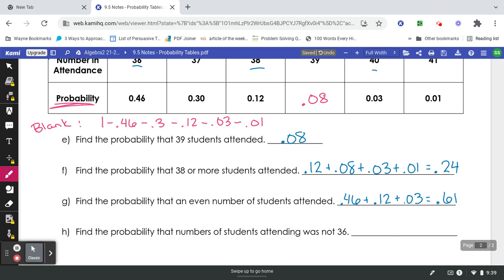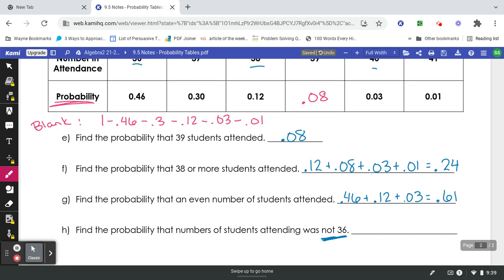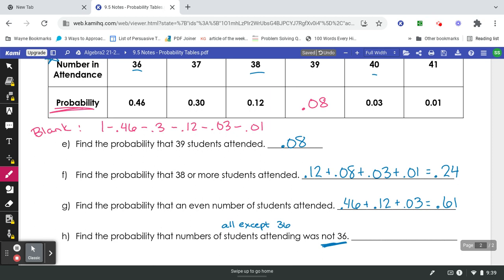All right, and then part H, find the probability that the number of students attending was not 36. Notice the word not. So not 36 would mean all of them except 36. So there's 2 ways you can do this. You can add up all the ones that are not 36. So you can add up the 37, 38, 39, 40, 41 probabilities.